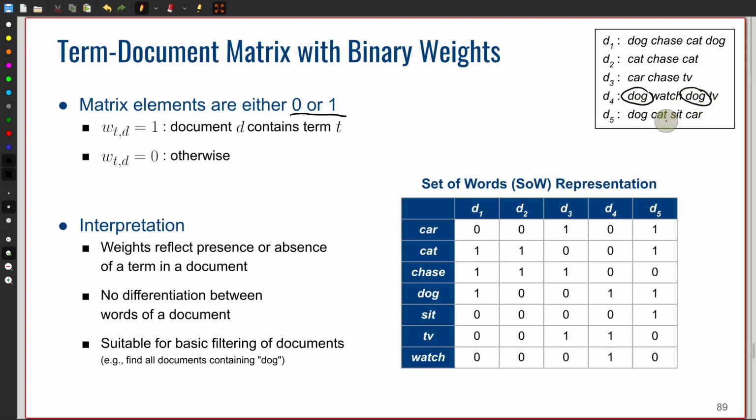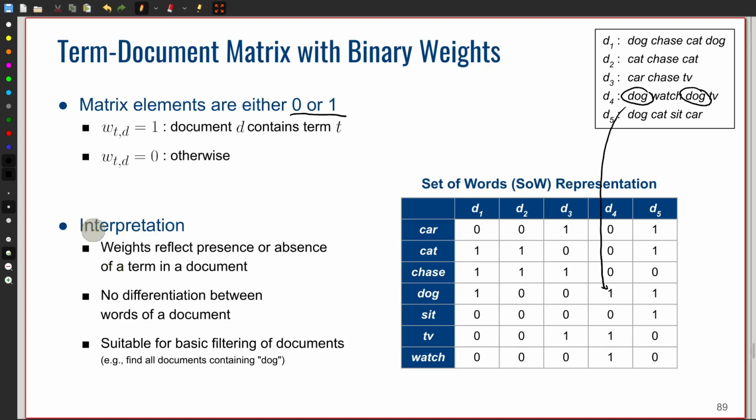But if we look in our term document matrix, we still see there's just a 1. Because we only care if dog is present in this document or not, and not how many times.